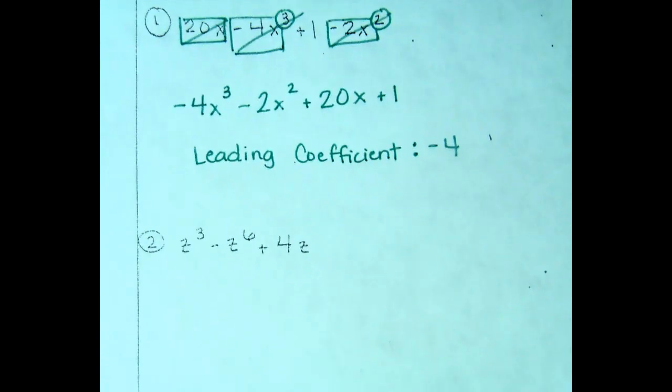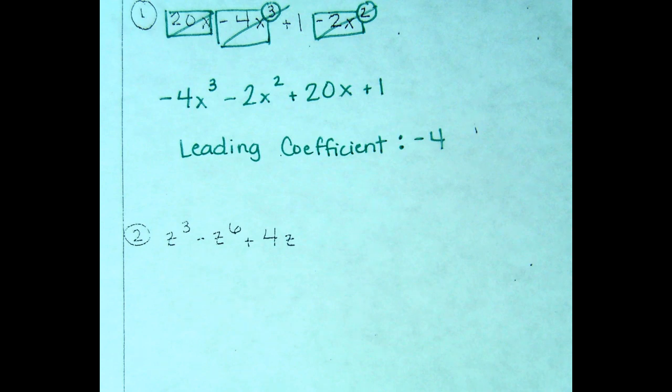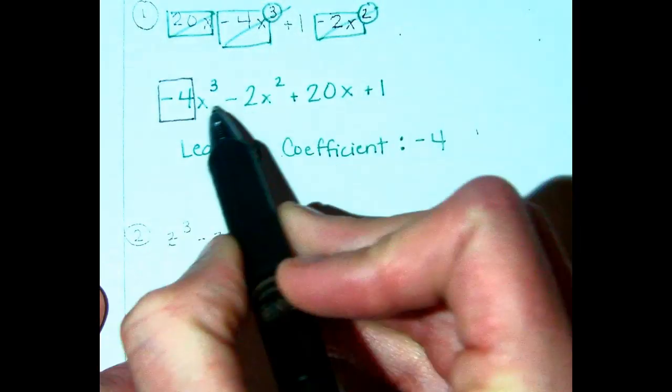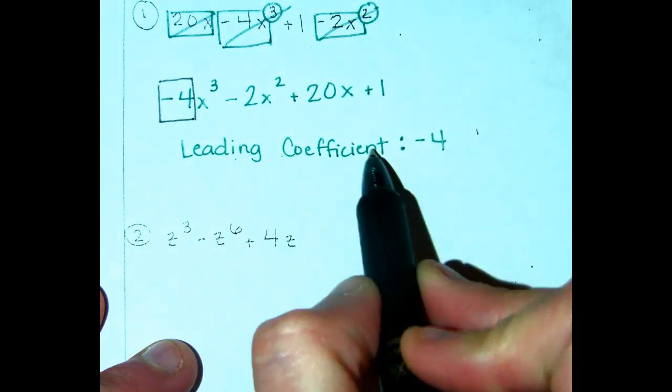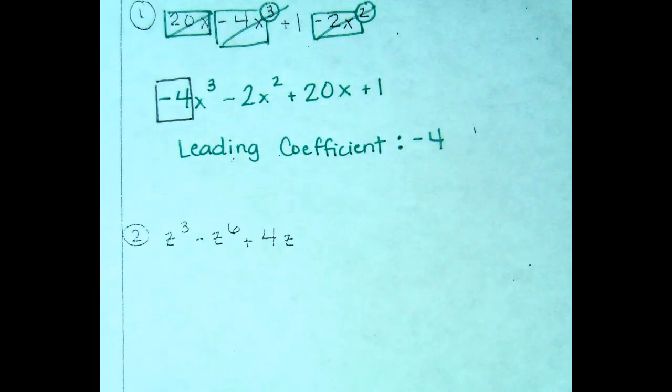Number 2. Yes. For the leading coefficient? -4 is the leading coefficient because coefficient means the number in front of x, and since it's leading, it's the very first number in front of the variable, so it's right there.